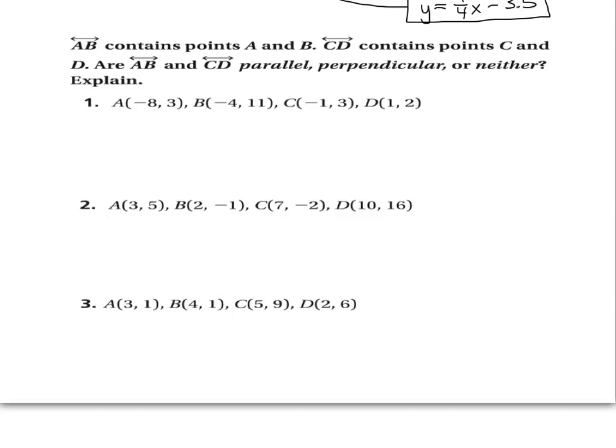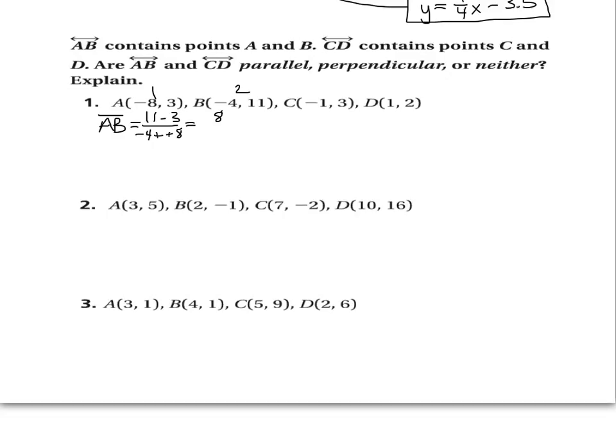So on number 1, I need to find the slope of line AB. I'm taking these two ordered pairs here and I need to find the slope. So I'm going to take 11 minus 3 over negative 4 minus negative 8. That's going to give me 11 minus 3 is 8.